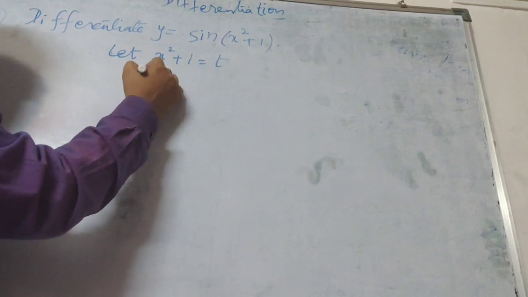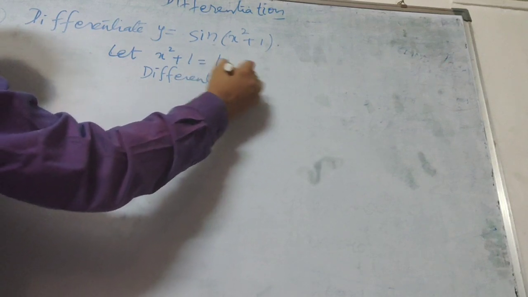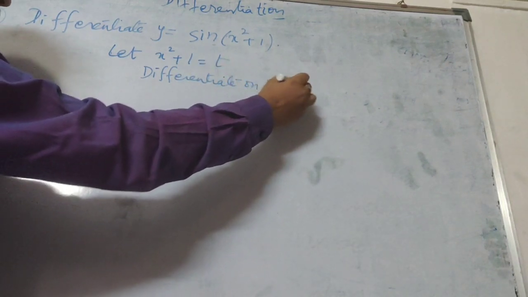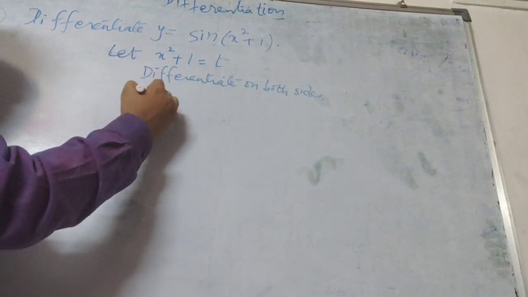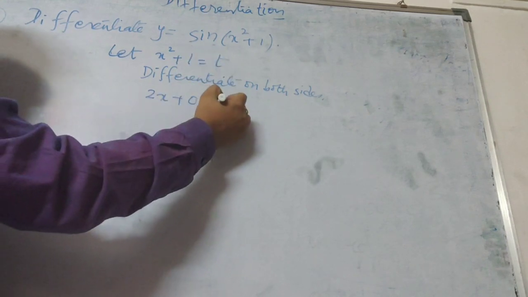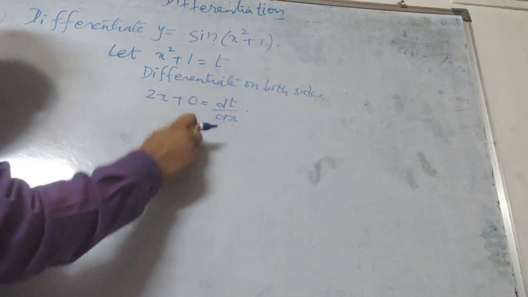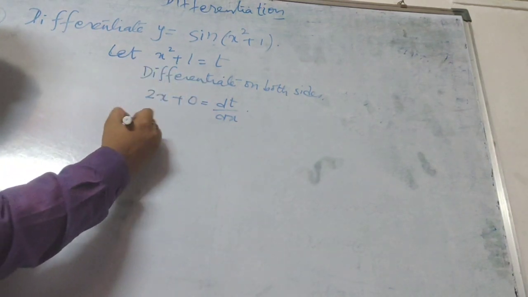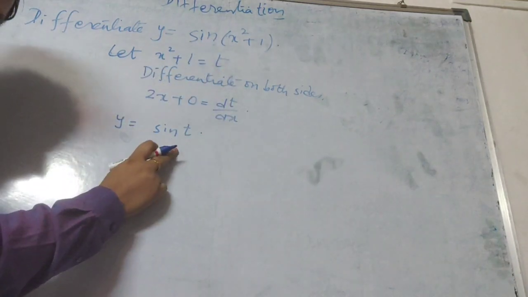Then, differentiating on both sides, what do I get? I'll get differentiation of x square is 2x plus differentiation of 1 is 0, and this is of course dt by dx. So I'll have y equals sine of t, because x square plus 1 is t.